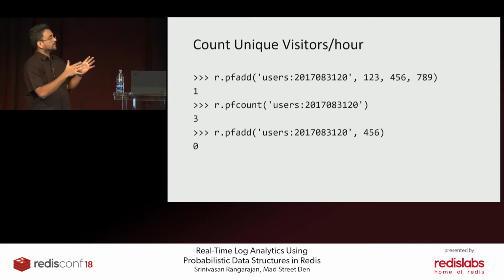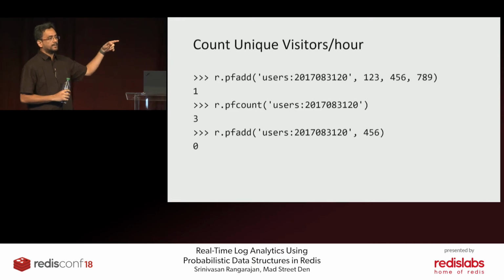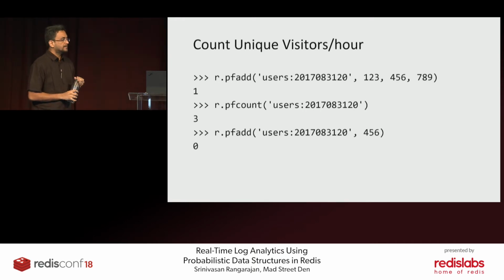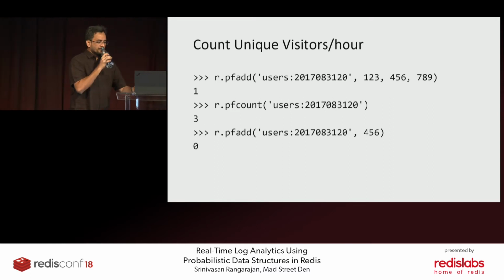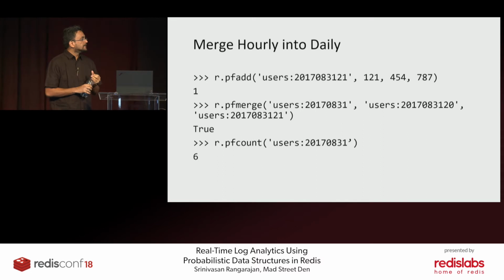So I'm just saying in the 20th hour, there are 3 users that were added. And if you want to get the count of the number of users, you just do a pf count of your key and you get back the result as 3. And if you try adding the same user again, you get back a 0 saying the user is already there, right? So this is a very easy way to add users or count the number of users.